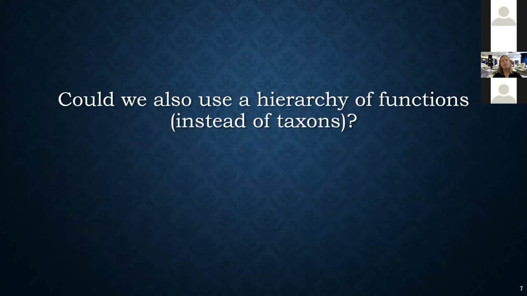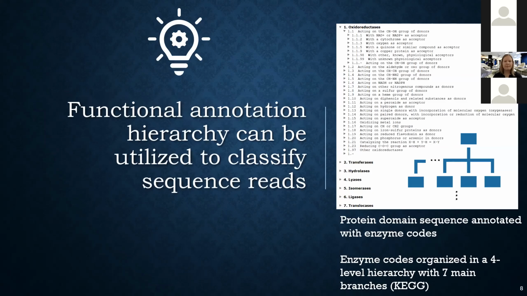So we have some questions we wanted to investigate in terms of the annotation. So people use a hierarchy of taxonomy, so the names of the organisms. But we wondered if one could also use a hierarchy of functions instead of taxons. And indeed, by utilizing something called the KEGG enzyme codes hierarchy, one could use this as a functional annotation hierarchy.